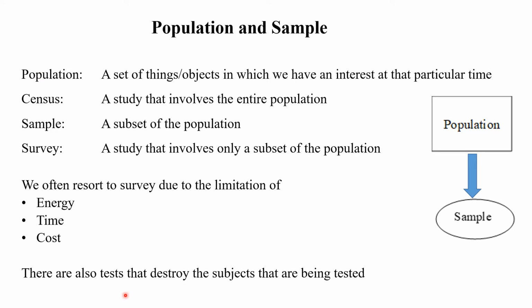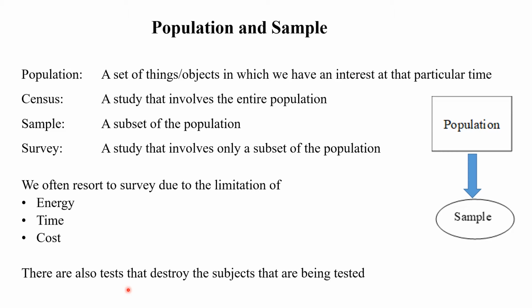There are also tests that destroy the subjects that are being tested. Example, you want to estimate the life length of electric bulbs produced in a factory. How do you test it? You light it on until it fuses. So the objects being tested are destroyed. Obviously, in a production line, you can't be testing all the bulbs being produced. Let's say 1,000 bulbs are produced.